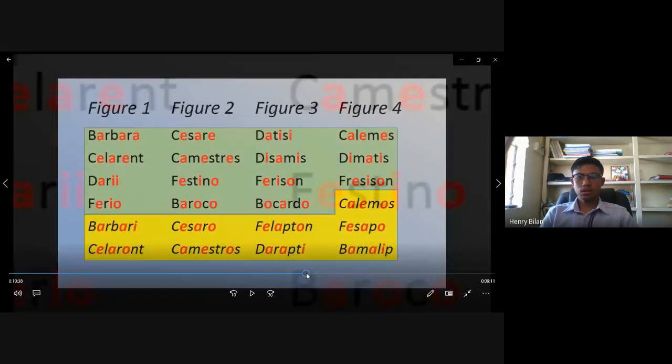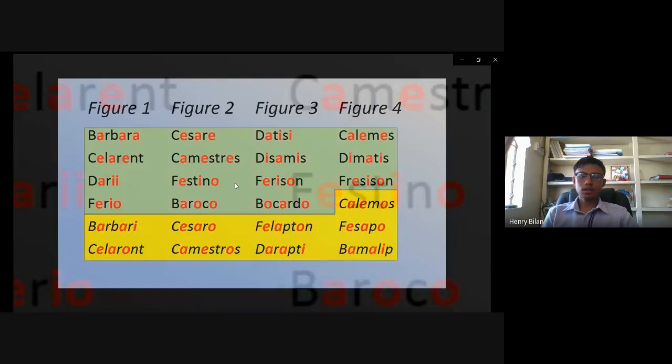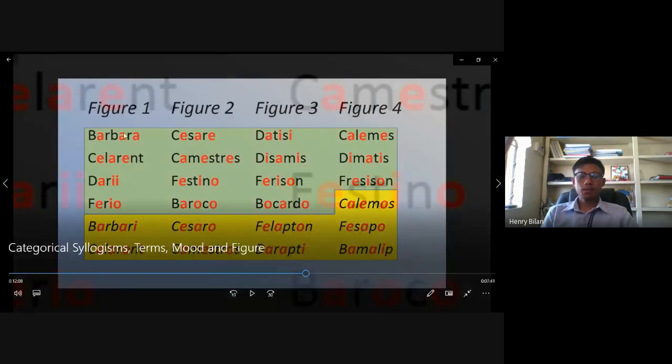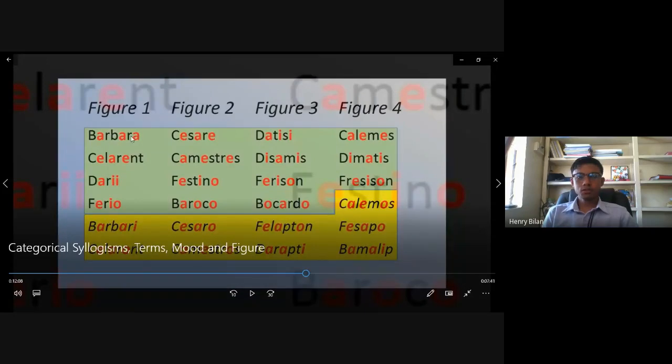Ito yung mga yun. Yung nasa taas na walang yellow. 4 sa figure 1, 4 sa figure 2, 4 sa figure 3, 3 sa figure 4. These are unconditionally valid syllogisms. Kapag sinabing unconditional, if we have these forms, automatically they are valid.